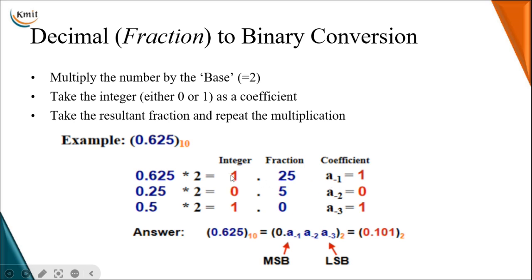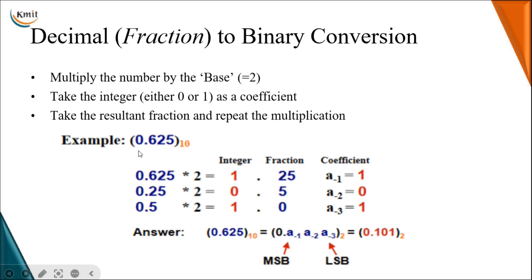Now writing all the integer parts from top to bottom, the first integer in the product is the most significant bit, and the last integer is the least significant bit. After the binary point, we write all the integers as 101 to the base of 2. So 0.625 to the base of 10 is equal to 0.101 to the base of 2.